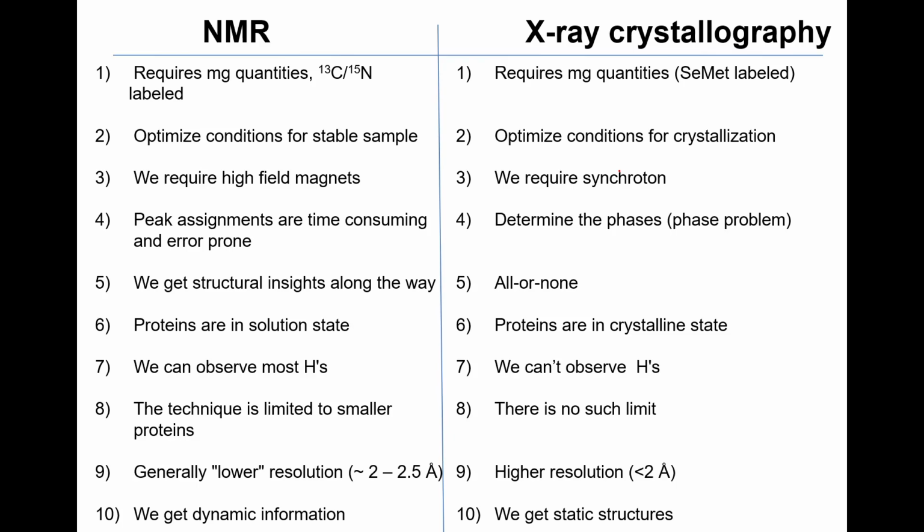Now, how can you get this? Because in X-ray crystallography, your proteins are in a crystalline state. Although you will say that last class I said these protein crystals are made up of 70 to 80% water, so why are you saying these are in a crystalline state and not a solution state?